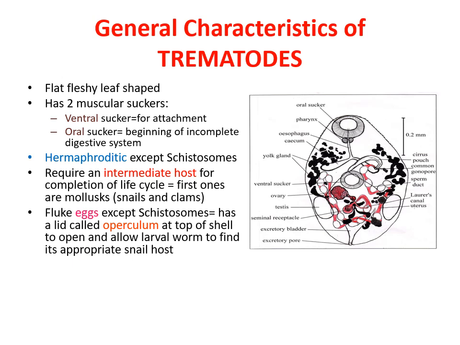So again, for all the trematodes, we have an incomplete digestive system, which starts with an oral sucker. They all have a ventral sucker to attach. They are all hermaphroditic except schistosomes, which have two separate sexes. Their eggs always present an operculum, except for schistosomas, where we don't see this operculum in the egg.